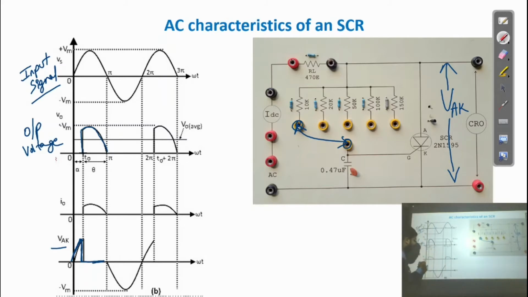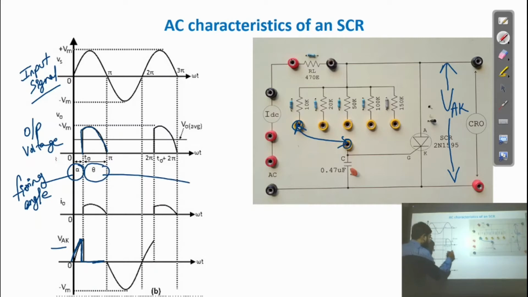Now, the angle at which it is being fired is known as firing angle, and the amount of period angle for which the SCR is conducting is known as conduction angle.